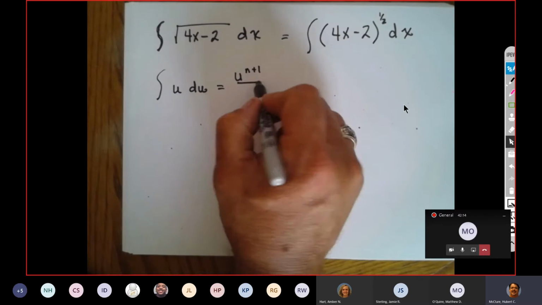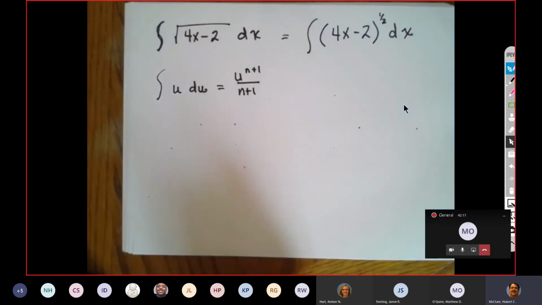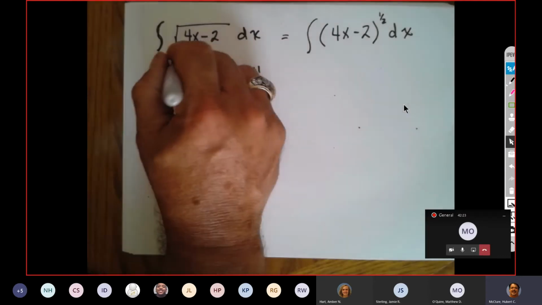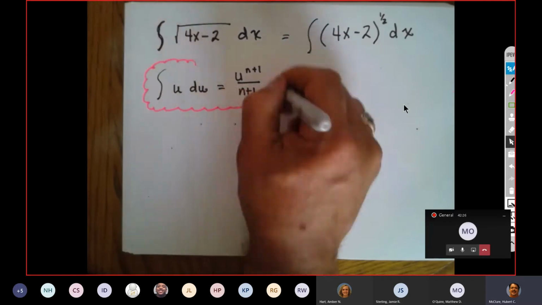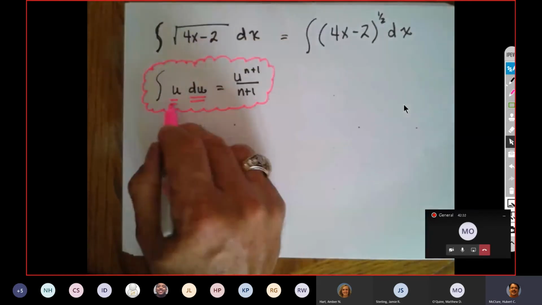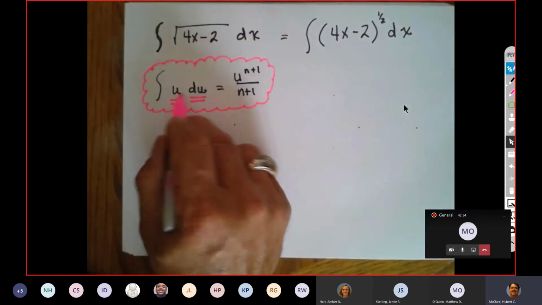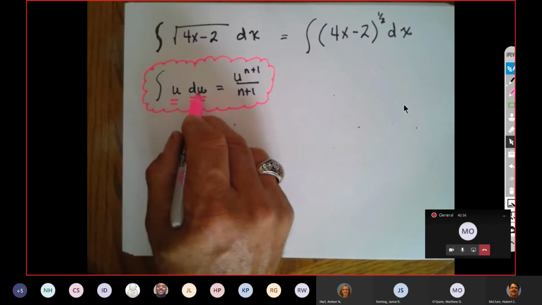Okay, and I'm going to put that in a pink highlighter because I want to think about that. That's what I'm shooting for in this problem. I want a function here and the derivative of that function right beside it. Okay?